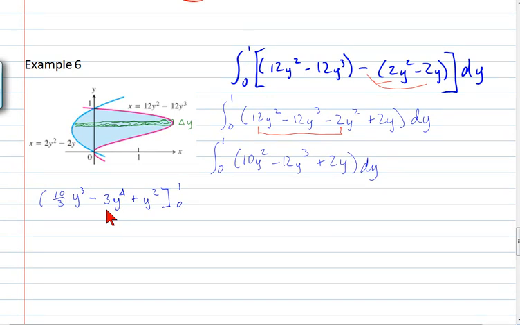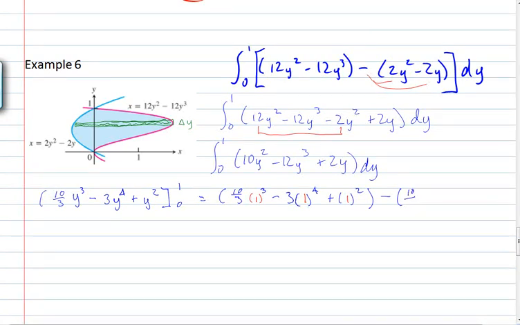Okay? All right, so now we use the fundamental theorem of calculus, which says that we're going to plug in our upper bound, so that's going to give us 10 thirds times 1 cubed minus 3 times 1 to the 4th plus 1 squared, minus, this is the upper bound minus the lower bound.